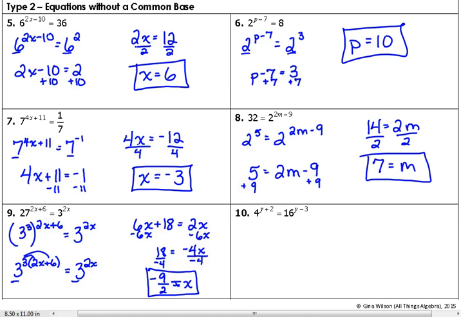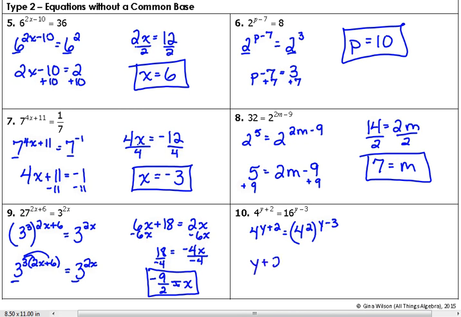Okay, let's do another one like that. Number 10. 4 to the y plus 2 is equal to 16 to the y minus 3. So 4 and 16 can both be written with a base of 4. 16 is 4 squared.